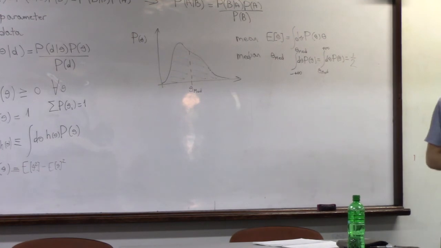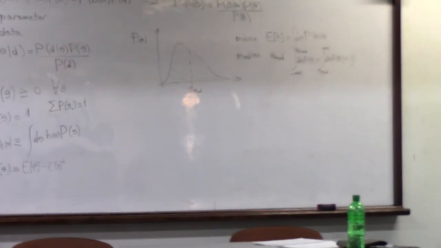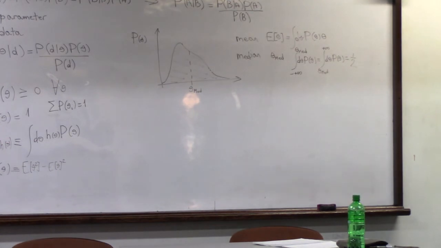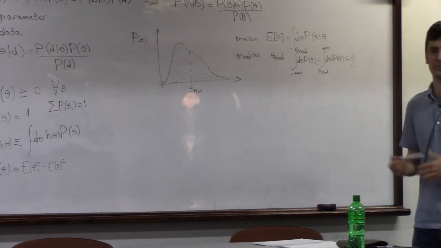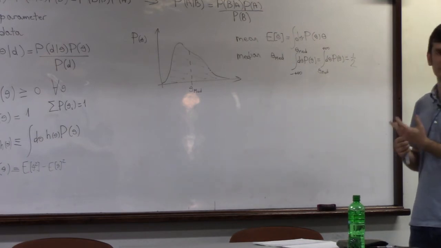Well, because the frequentist interpretation is that a quantity is what you obtain by making an infinite number of experiments, and in Bayesian statistics the reasoning is not that.